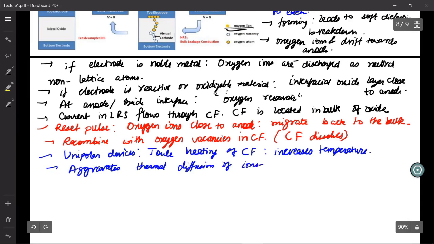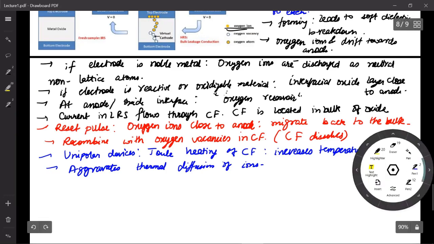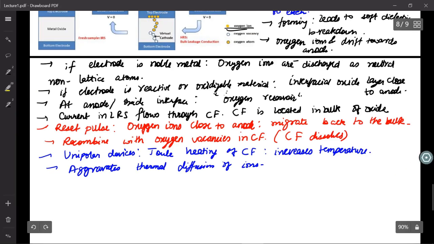As I told, as the temperature increases, thermal diffusion increases. So this Joule heating increases the migration of these oxygen ions. In unipolar, it's the thermal diffusion arising from this Joule heating which leads to the fast dissolution of this conductive filament.